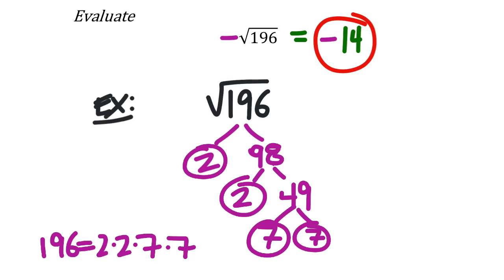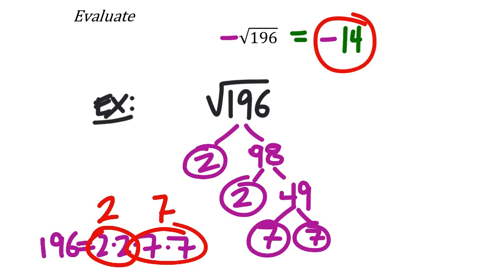And what I want to notice on this is I need pairs of factors that are the same, such as 2. So one of my factor pairs that are identical is 2. The other one is 7.